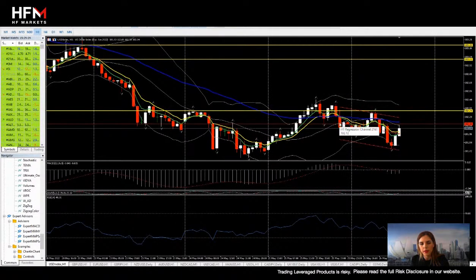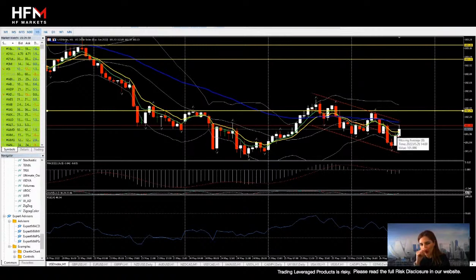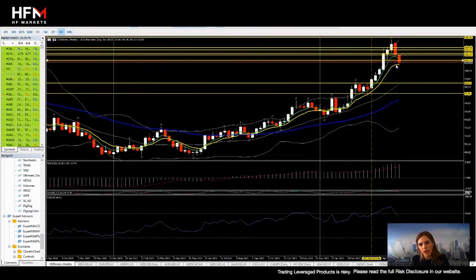Key resistance at 102.30. Let's wait and see. So dollar found some floor the last hour, but remains, as you can see, in the lows that we have seen this week. This is a weekly chart. We have seen a reversal since last week, a reversal of all the gains that we have seen in May.